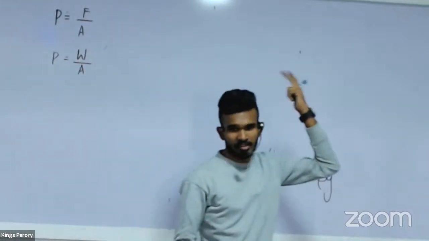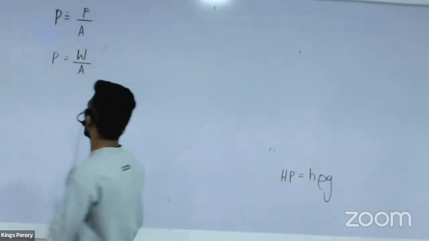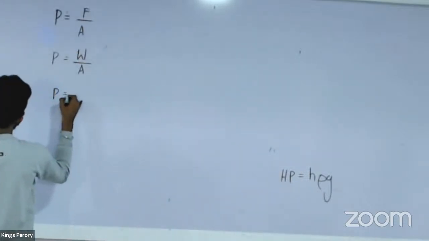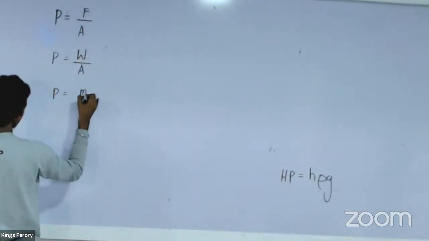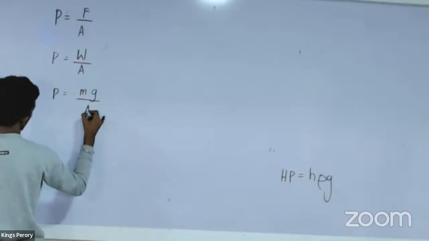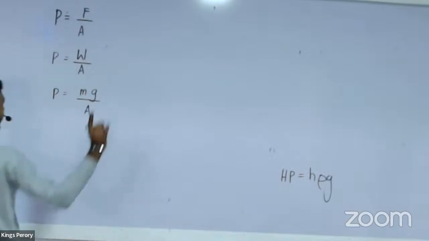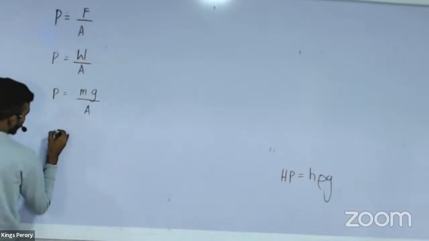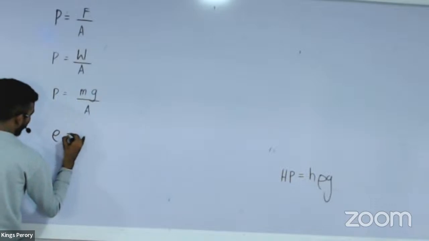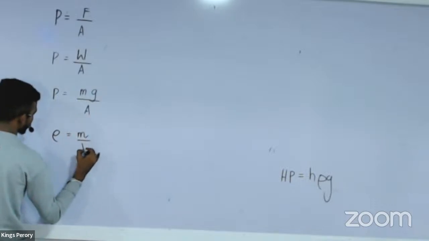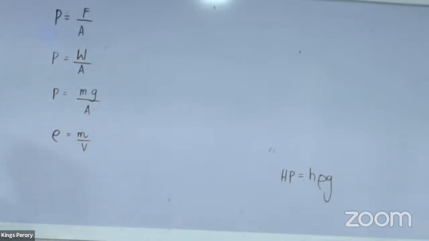Pressure is weight over area. I can furthermore modify this and write weight as mg over area. Agree? Now, we already know density equals mass over volume. Where did you learn this? In grade 6. Density equals mass over volume, can you remember?